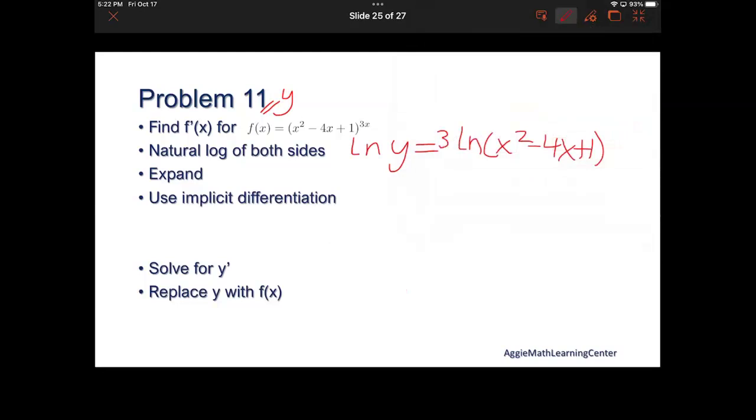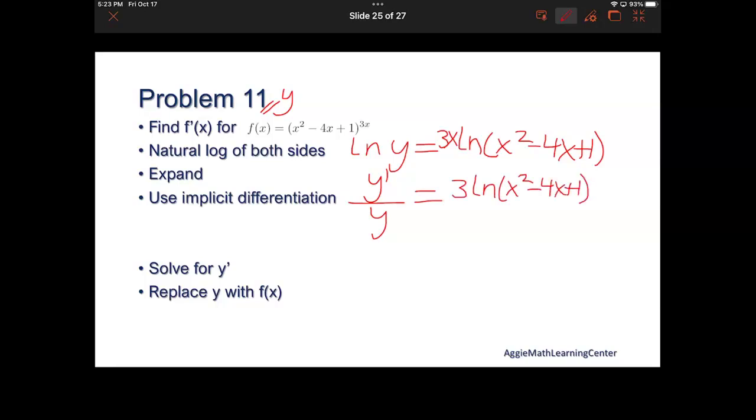So we get 3x times the natural log. We can use our implicit differentiation, like we saw last time, that's going to be y prime over y.